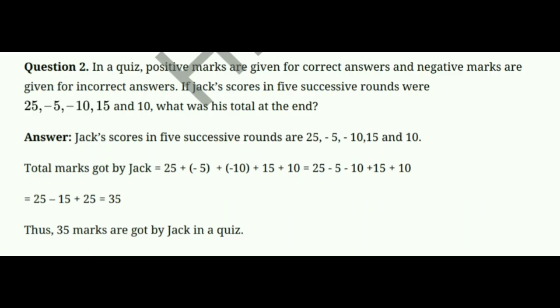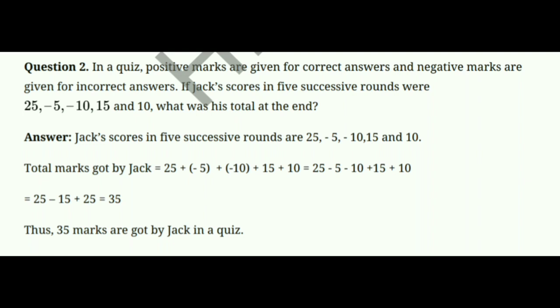Now in the first round, Jack scored 25, and in the second round it is -5. Then in the third round it is -10, and then in the fourth round 15, and in the last round, fifth round, it is 10.